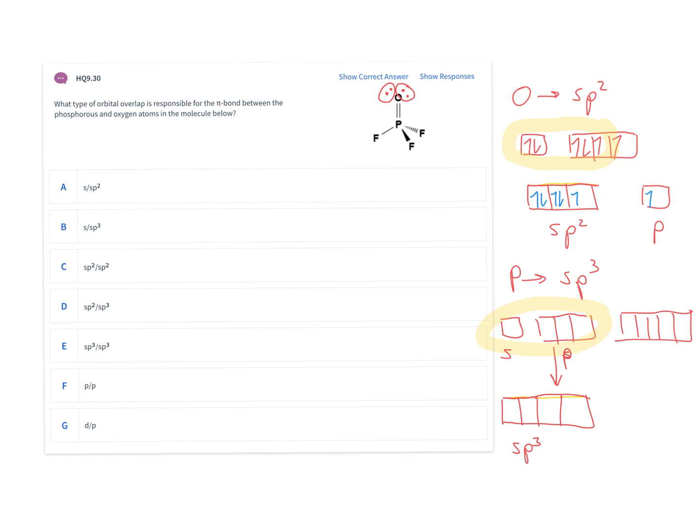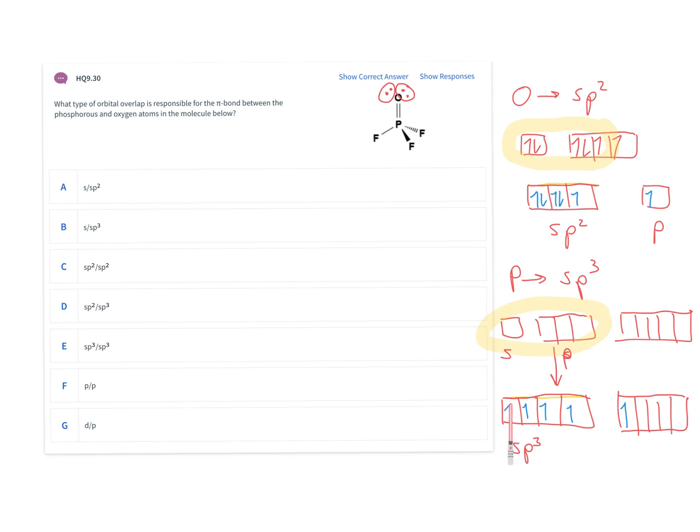And I'm going to pull down 1 of my d orbitals. So I have 5 electrons in phosphorus, 5 electrons that I have to assign: 1, 2, 3, 4, and 5. Now I can take a look at the phosphorus. Here's where I'm going to form my sigma bonds.